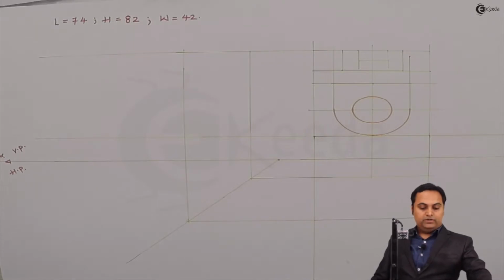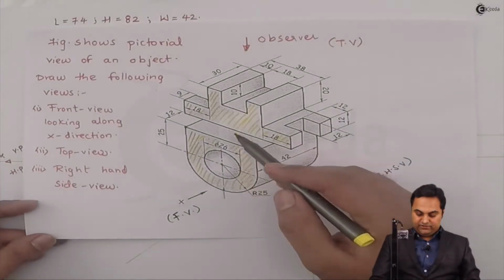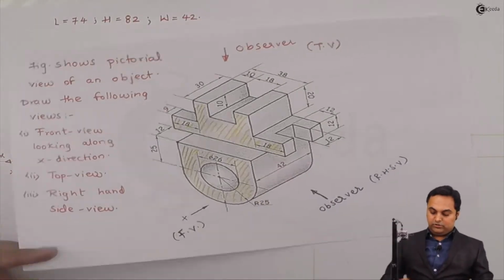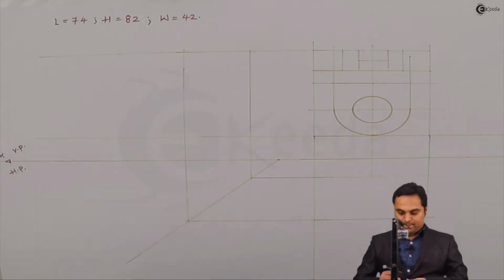Next, whatever I have seen of this surface, that will be made dark. So I'll draw these surfaces dark.